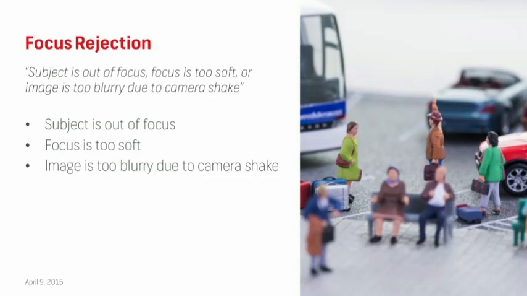And then the last part of the focus rejection is the image is too blurry due to camera shake. Another very common thing that comes up, in particular with new contributors. Always try to use a tripod whenever necessary. If you're in a location where you can't set one up, you can try using a monopod. Also, you can try stabilizing your camera in some creative ways. You can lean yourself up against something in order to make it as stable as possible.